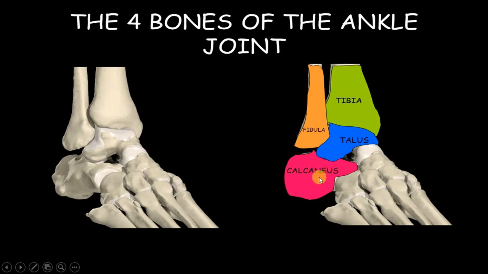Below the talus is another bone, the calcaneum or the heel bone, over which the heel is present. Actually, the ankle joint is between the tibia, fibula and talus. It seems that the tibia and fibula make a socket in which the talus is fitting.